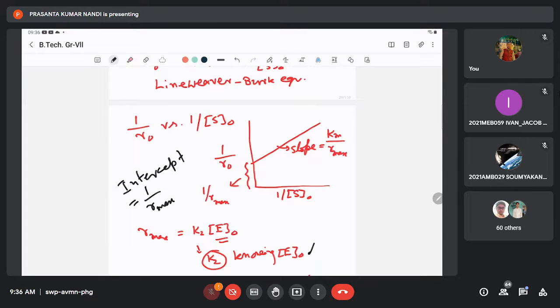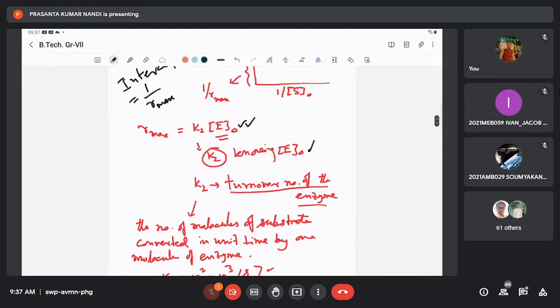And once you know the R max, then from this expression, you can easily calculate the rate constant of the second step. That is, from this you can get the rate of the reaction step 2.